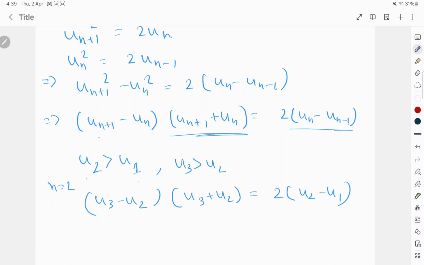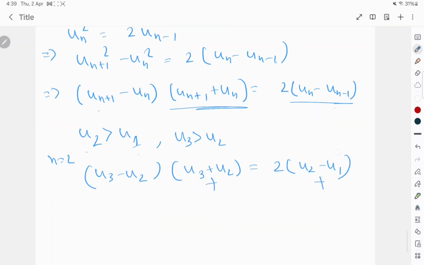Now this element is always positive, so from there u3 minus u2 is always positive. Positive means greater than 0, so u3 is greater than u2. In this way you will get u3 greater than u2.